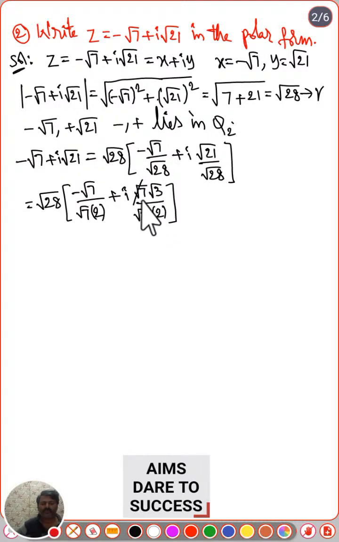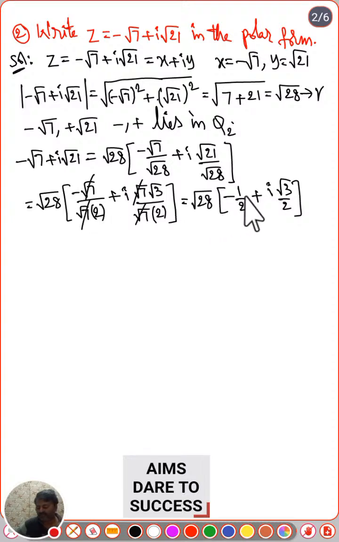So root 7 gets cancelled, root 7 gets cancelled. The next value is root 28 into minus 1 by 2 plus i into root 3 by 2. Okay, my dears. So after simplifying, we got root 28 into minus 1 by 2 plus i into root 3 by 2.